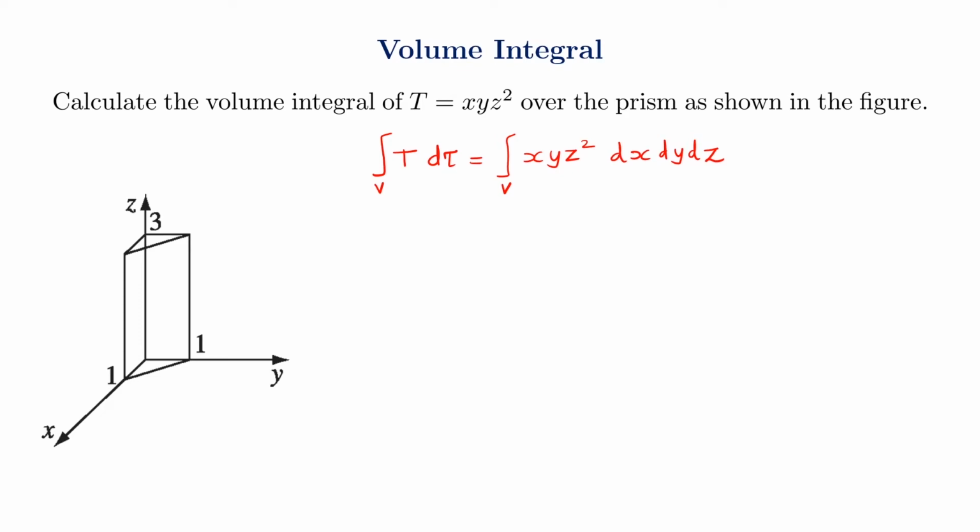For this case, let's integrate the term containing x first, then y, and then finally z, so that the integral can be written as integral z square dz, then integral y dy, then integral x dx.